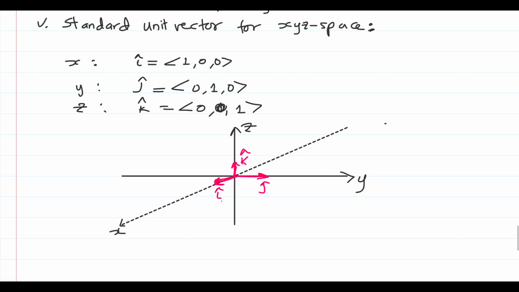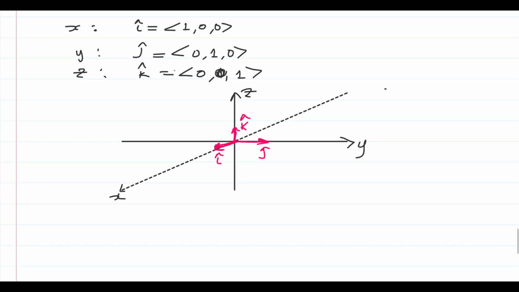It turns out that any vector in 3D can be written as a linear combination of the unit vectors. So let's take some vector v with components v1, v2, and v3, in the x, y, z space.